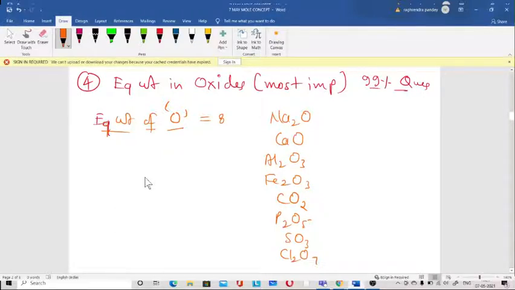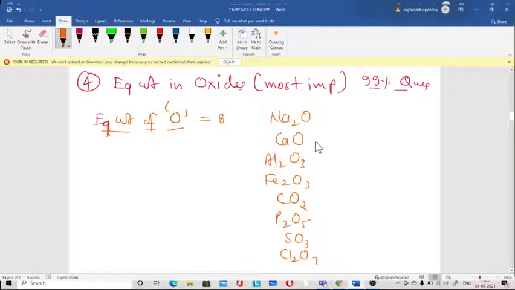I told you last time about the equivalent weight of iron in iron oxide. Whatever the atomic weight is, it is divided by the valency. That is the basic concept. So we will see all the aspects of equivalent weight in the oxides.